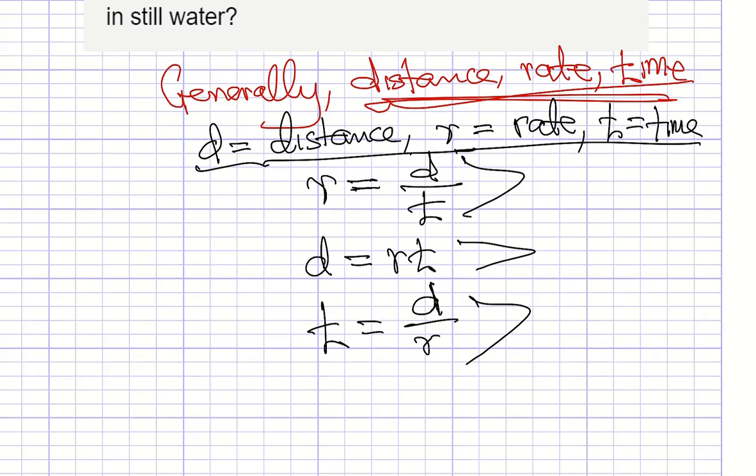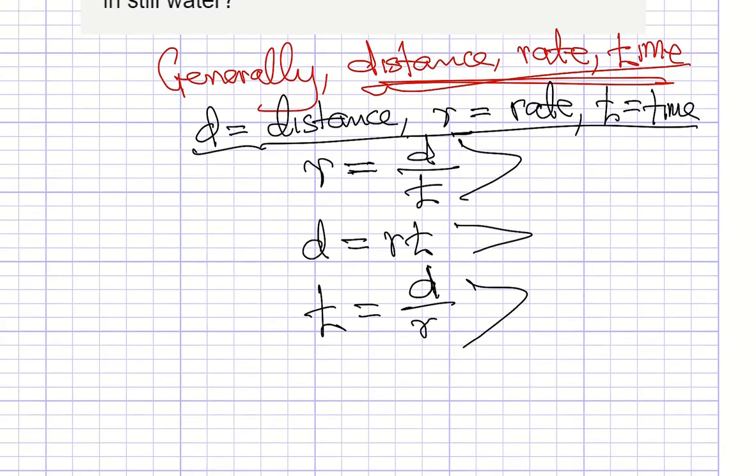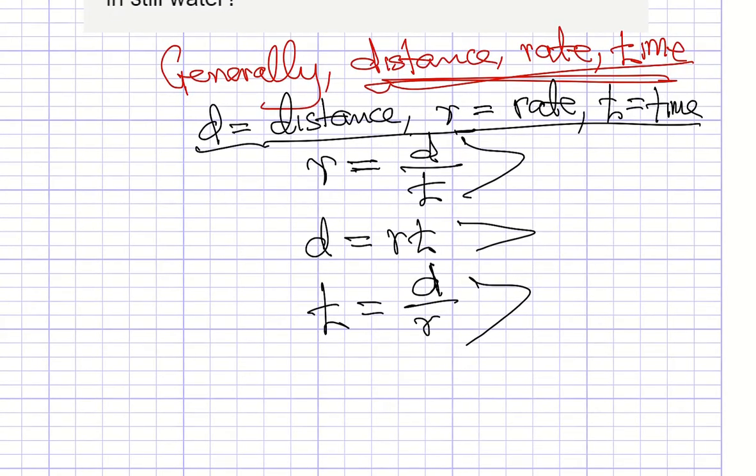Let me change the ink. What you're doing there is, I'm going to capitalize it, rate equals distance over time, okay? Then you can put that 1 and cross multiply like that. So you say distance times 1 equals rate times time.